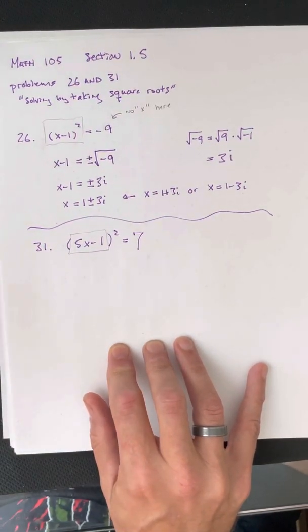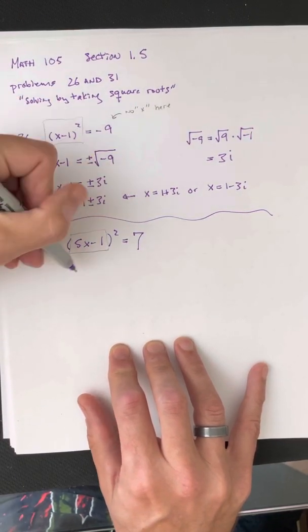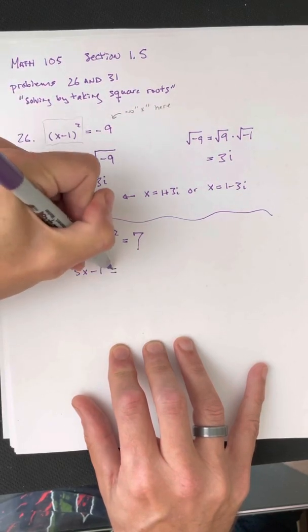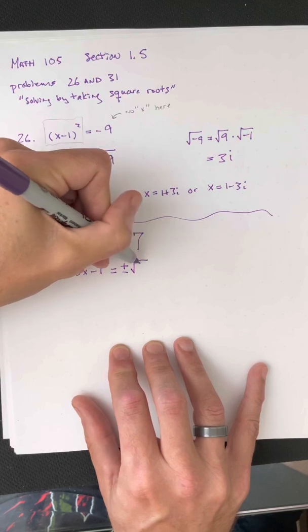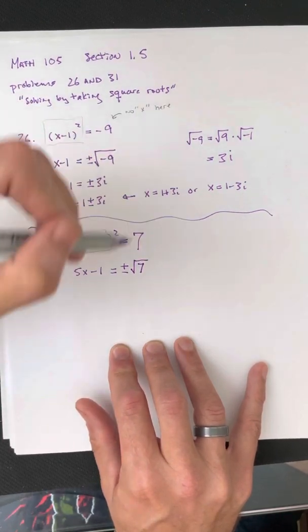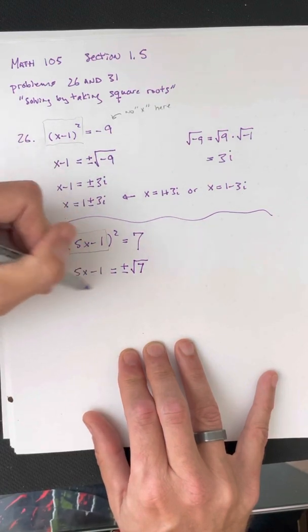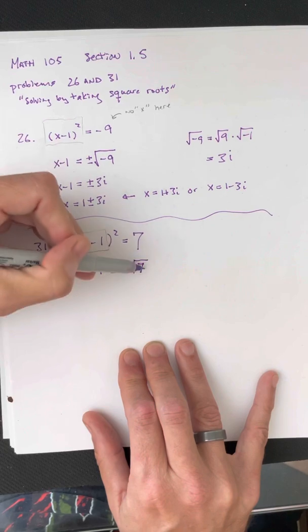So now that's what you want. Take the square root of both sides. The square root of something squared, you just get that thing. Well, actually, you get plus or minus that thing. This is the square root of 7. So take the square root of something squared, get that thing, as long as you put a plus or minus.